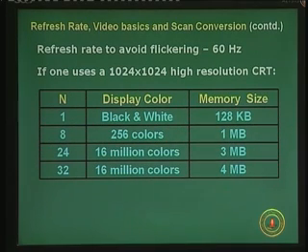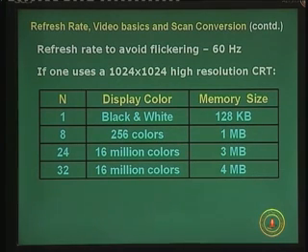Coming back to memory requirements, I jump up from the 512 cross 512 resolution CRT which we talked about in the previous slide to a 1024 cross 1024 high resolution CRT, and these are for the different values of N on the left hand side. This table shows what the memory requirements are.